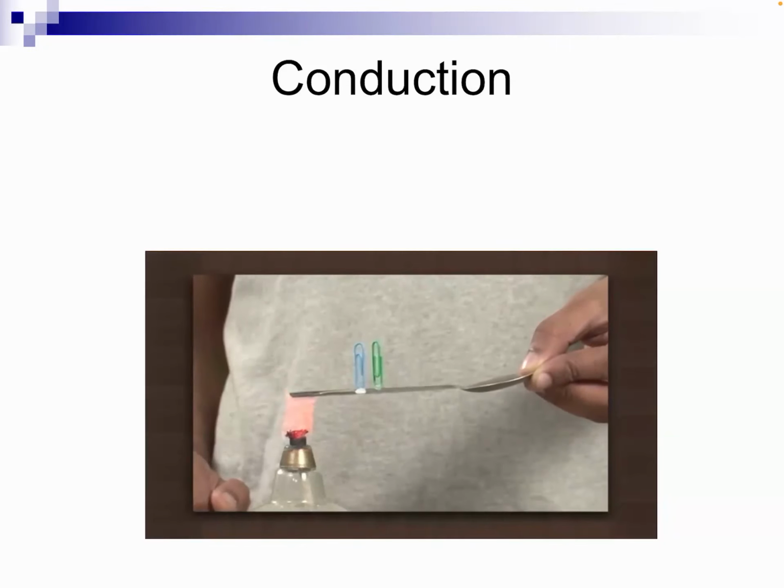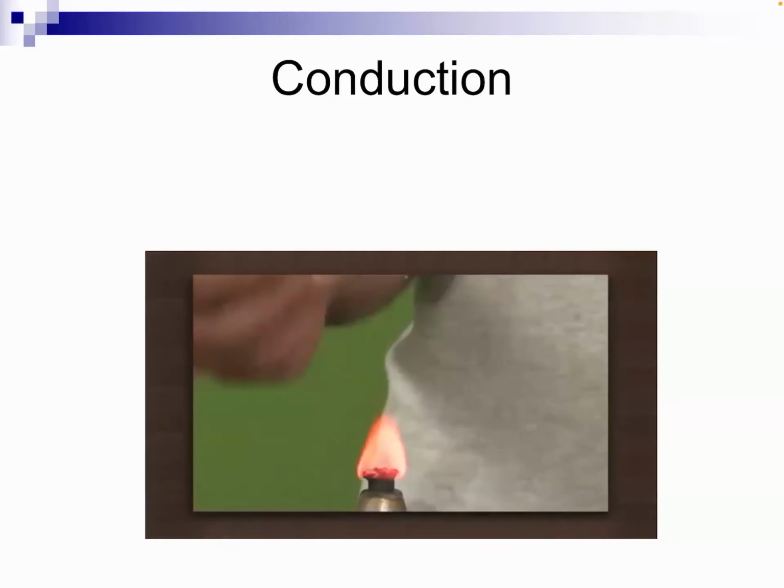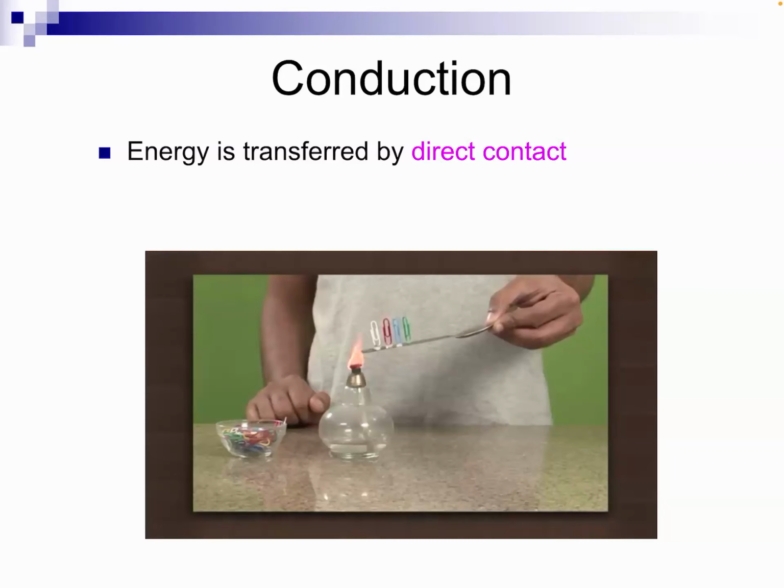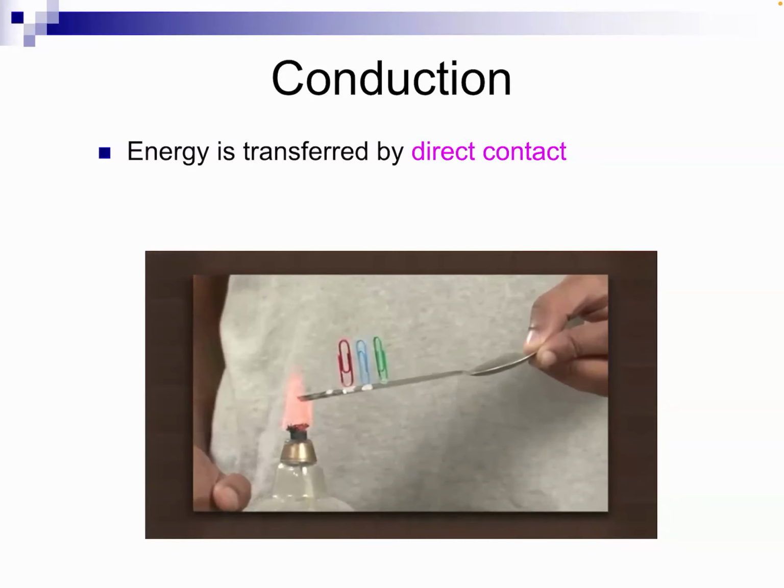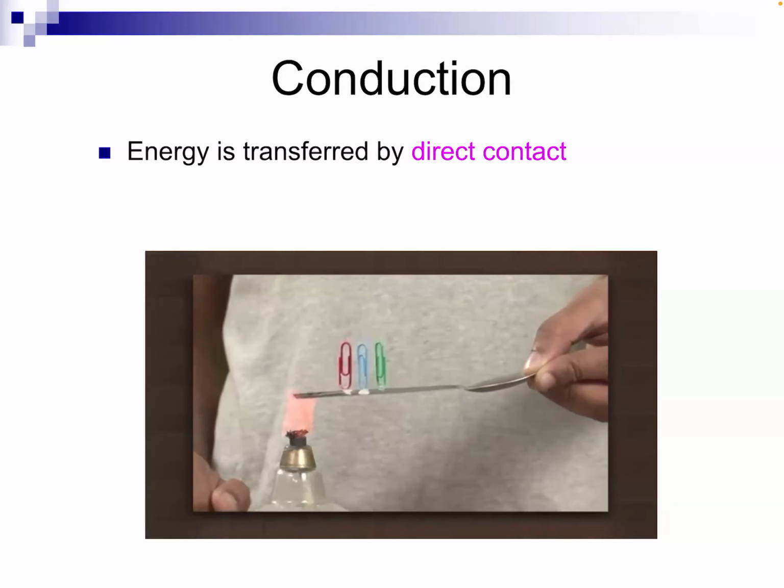So we can see here that heat transfer by conduction takes time to go from one end to the other end. The other thing to note here is that in heat transfer by conduction, energy or heat is transferred by direct contact. So there needs to be direct contact between the colder object and the hotter object for heat to flow.